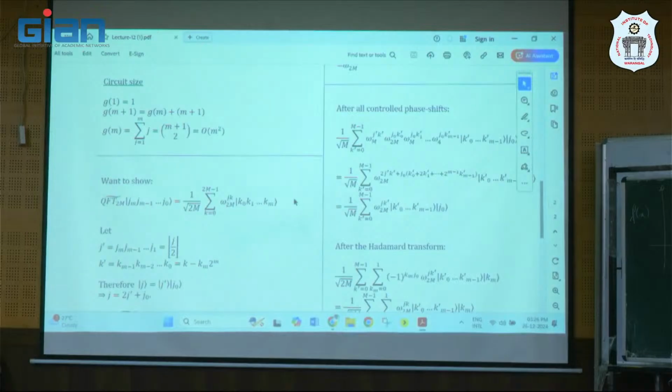What is the total number? 2 times 1 plus 0. Now if I say 1 0 1, what is the number represented by 1 0? It is 2. Then this is 1. What is the total number? 2 times 2 plus 1. Agreed? So whatever number is represented by the top m bits, you multiply by 2 and add J0, and that is the real number. That is what is written here.